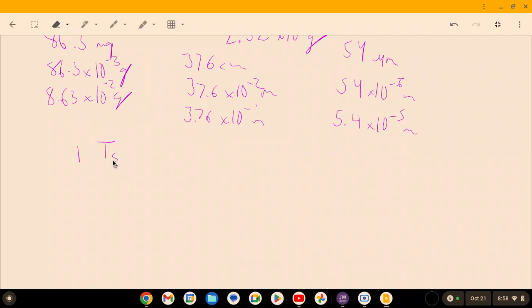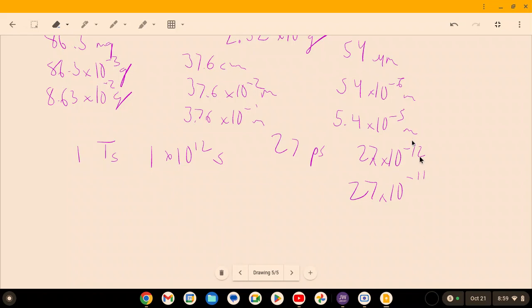1 terasecond. 1 times 10 to the 12 seconds. 27 picoseconds. That's 27 times 10 to the negative 12. Sorry, yeah, to the negative 12, so negative 11, 2.7.